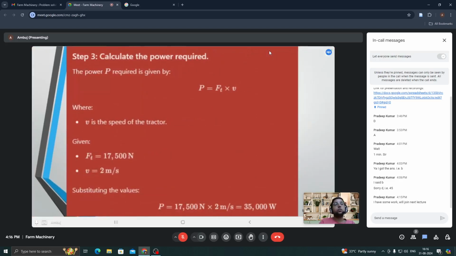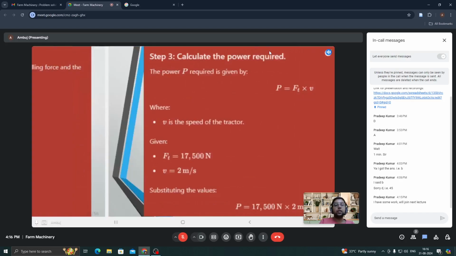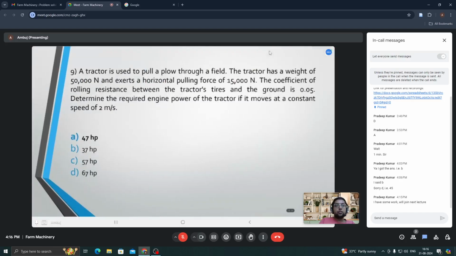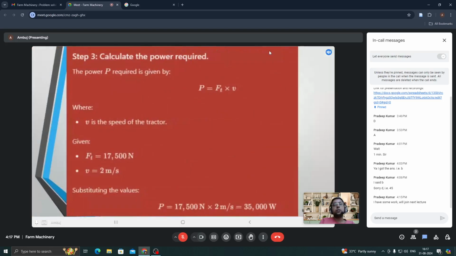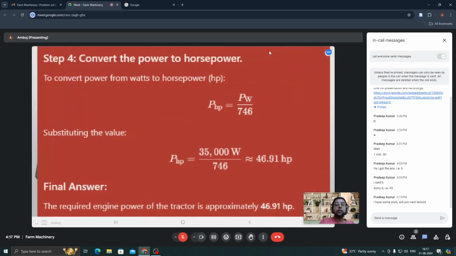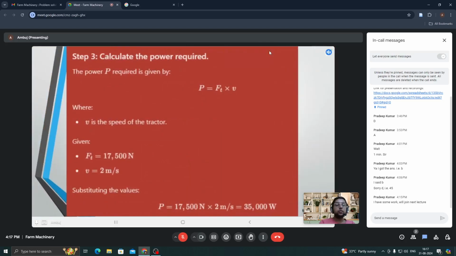That is the net force that you have to multiply by the velocity. Velocity in our case is 2 meters per second, already given here. SI units I am using, then 17,500 newtons multiplied by 2 meters per second will give me 35,000 watts.